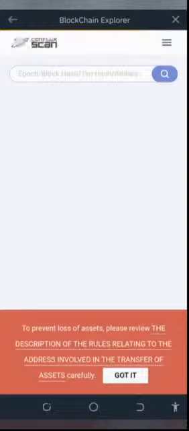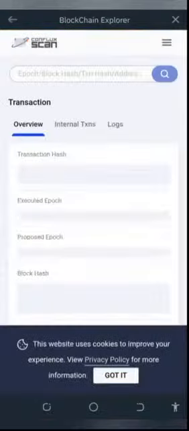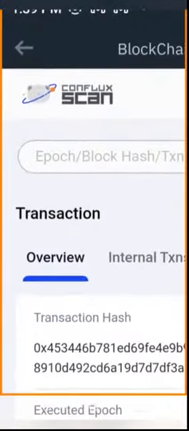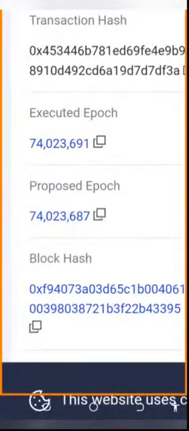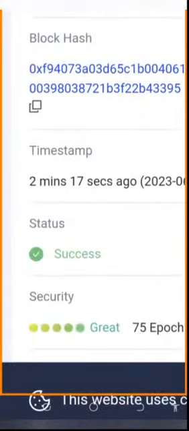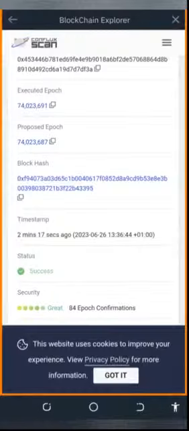Okay, to prevent the loss of assets, please. Oh, what's all this? Okay, got it. Let's see what is going on here. Is there anything we need to check? Conflux Scan. All right. It's still doing its thing. Still working. It says success, actually. Status is success. All right. So we're still waiting.